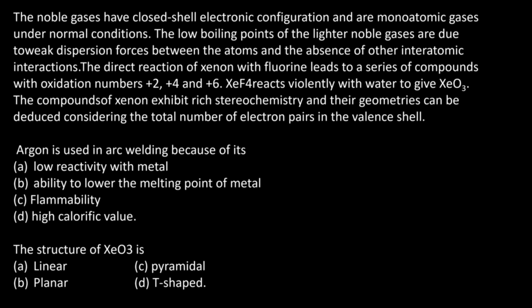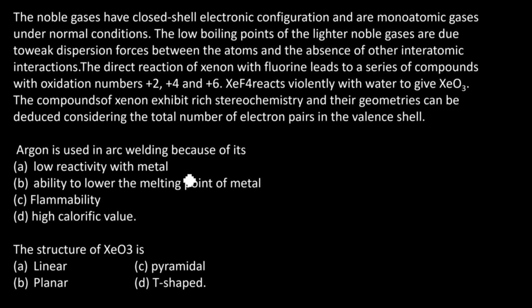The compounds of xenon exhibit rich stereochemistry and their geometries can be deduced considering the total number of electron pairs in the valence shell. So the question is, argon is used in arc welding because of its. This is from the inert gas group, 18th group. Argon being inert creates an inert atmosphere to prevent the oxidation of metal by O2. That's why we are using it in arc welding.